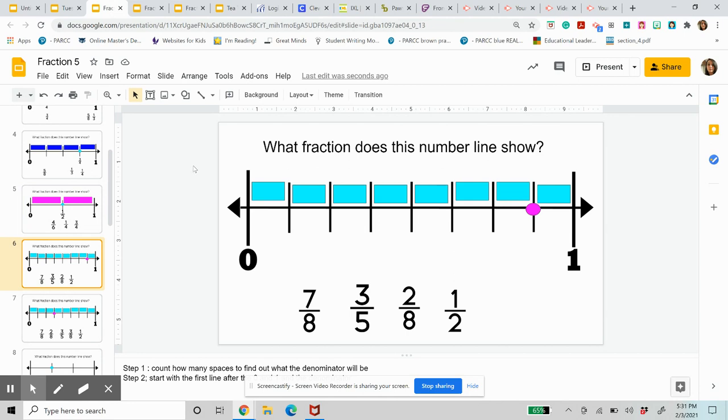Okay, so what fraction does this number line show? Do you think that this is 7/8? Do you think this is 3/5, 2/8, or 1/2? Okay, so next to number 6, make a choice, right? Think about how many spaces you have here.